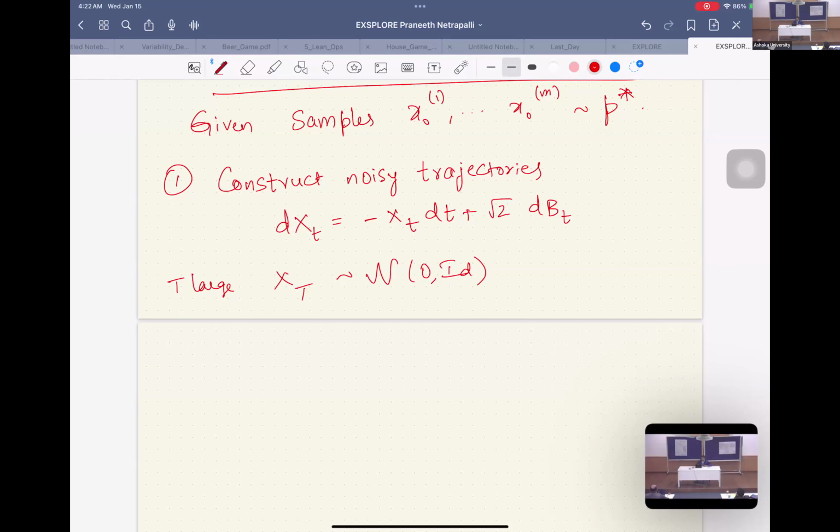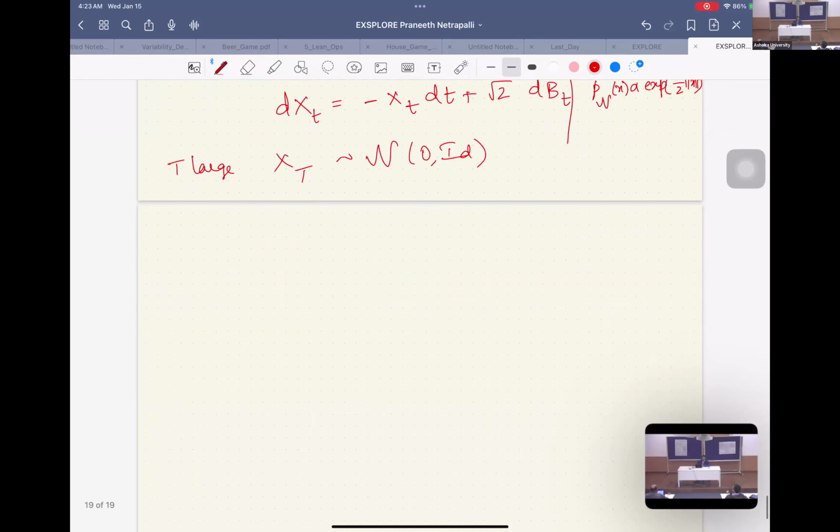That's the normal distribution, so p normal of x is proportional to e to the minus half norm x squared. So the gradient of minus half norm x squared is minus x. So for t large, we know that this will converge to this Gaussian distribution.